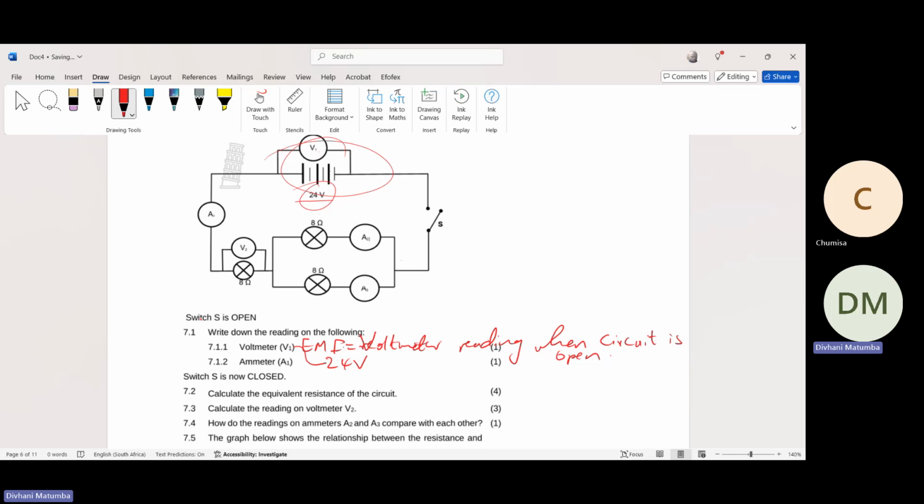Now when the switch S is open, what will be the reading of A1?